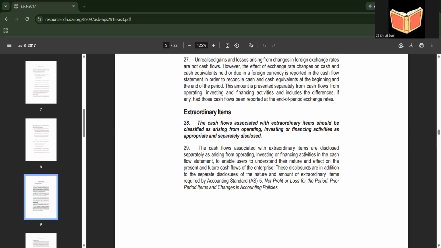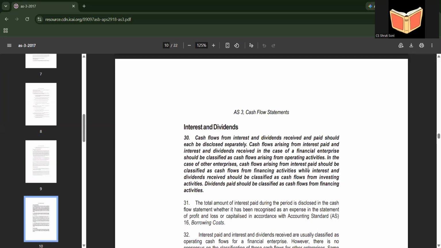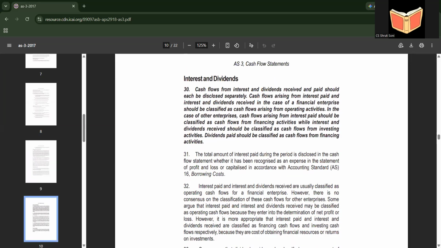Let's go to interest and dividends now. Cash flow from interest and dividends received as well as paid, you have to disclose them separately. Okay. Interest paid and interest and dividend received. If it is a financial enterprise, then interest paid and interest and dividend received is cash flow from operating activity.